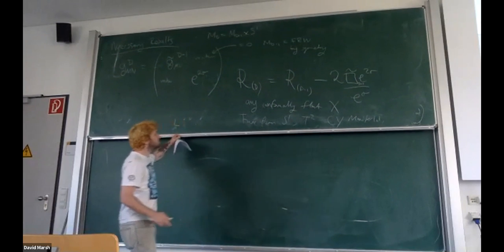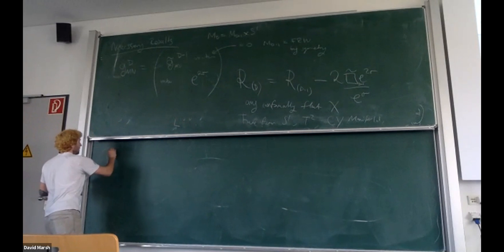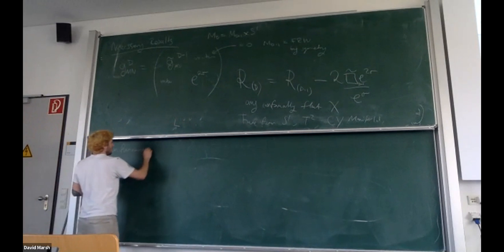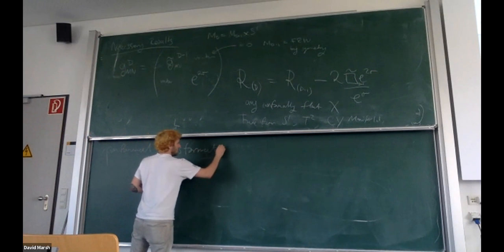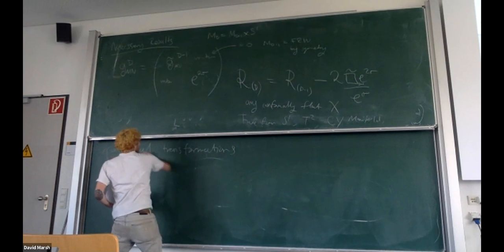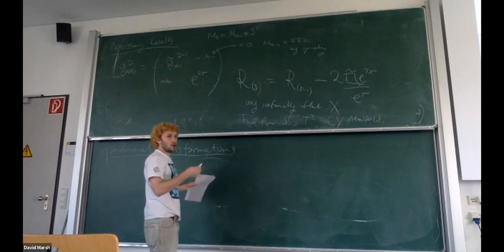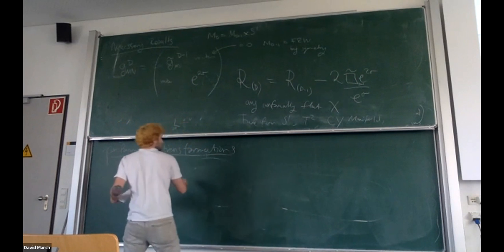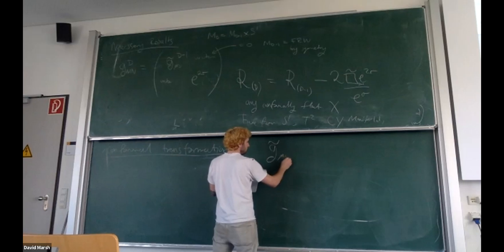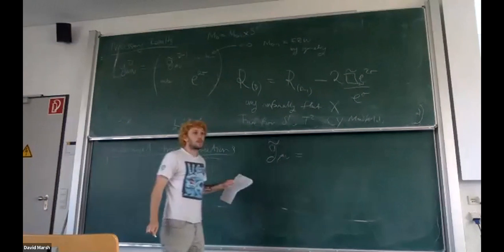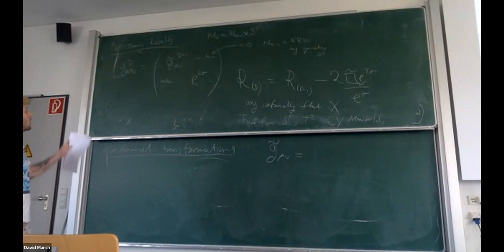Okay, so I need to tell you also about so-called conformal transformations. A conformal transformation means that I change the metric by some overall factor. Sorry, does the sigma analysis only depend on T or also on spatial coordinates?